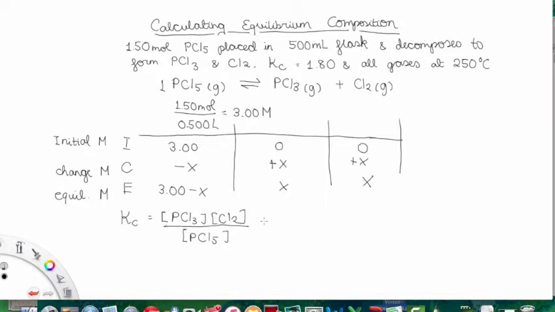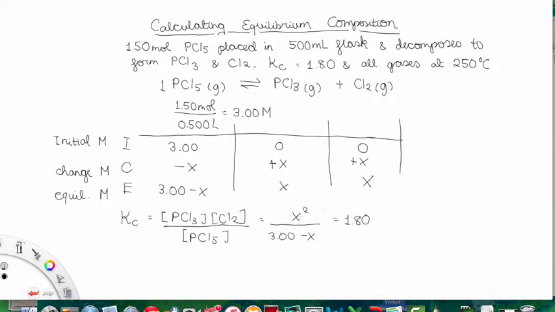And now what we can do is plug in the equilibrium molar concentration values that we got from our ice table. So this is going to be x and x, so x squared, over 3 minus x. And the Kc value is given to us as 1.8. So now what we have to do is solve for x.